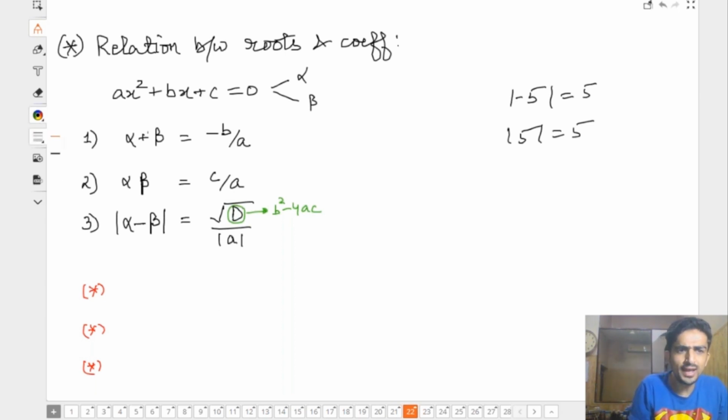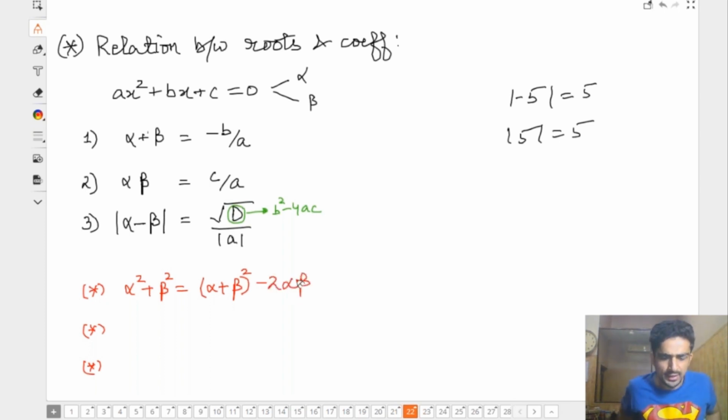I hope you understand that I can express alpha square plus beta square as alpha plus beta whole square minus 2 alpha beta. If you cannot, either you haven't attended my basic mathematics classes or you haven't passed your 10th class. So I suppose everybody is comfortable with that.